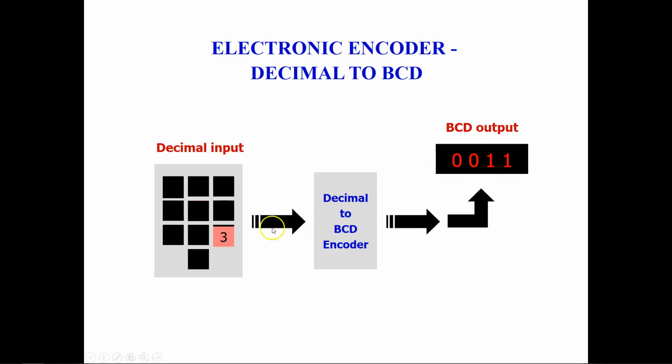If you press any of the keys, you will get the corresponding binary coded value. For example, in this case we have 3, and the binary conversion of decimal 3 is 0011. So this is an example of an encoder which converts decimal to binary.